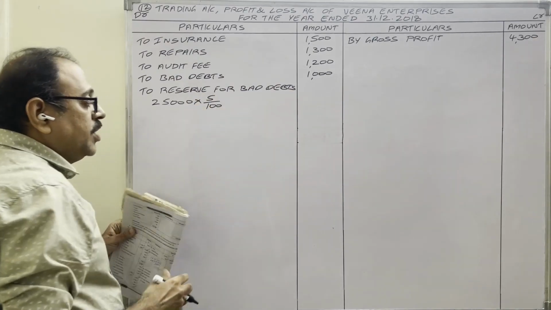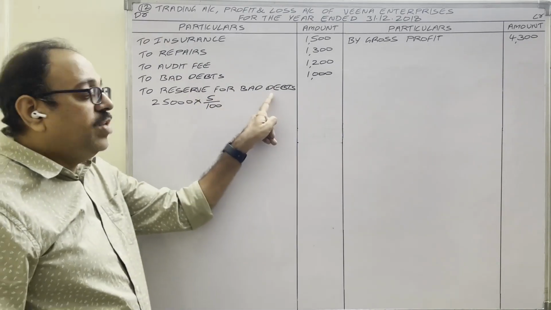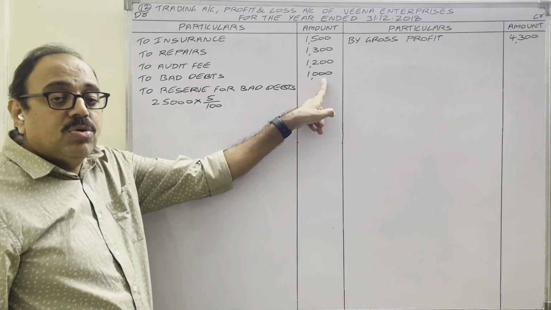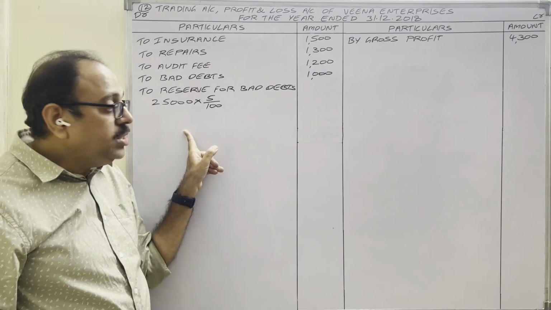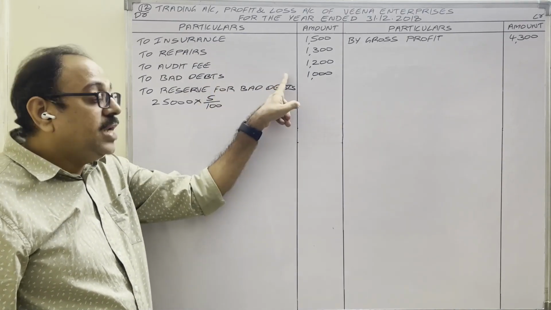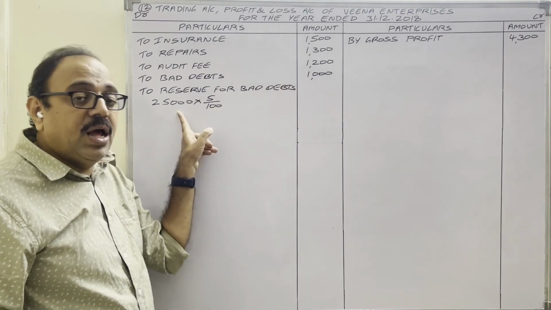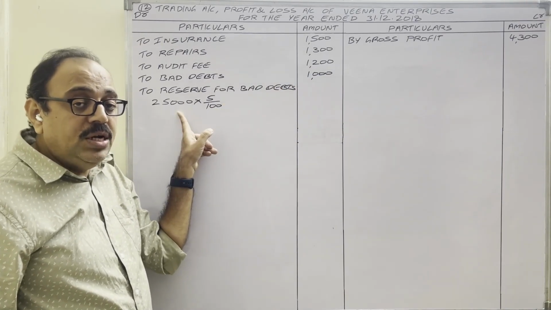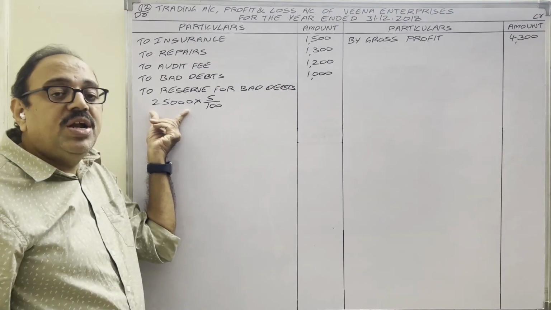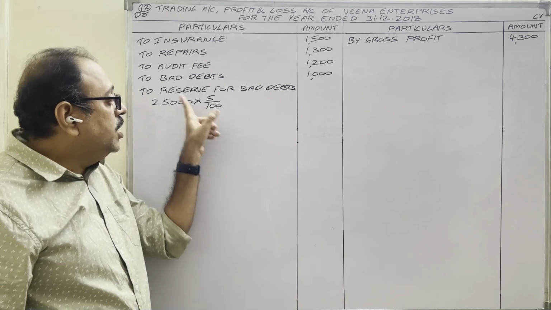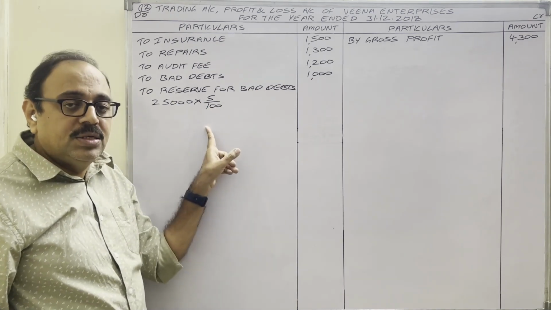Observe one point. While calculating reserve for bad debt, I am not deducting bad debt amount 1,000 from debtors, because this bad debt is given in the trial balance. Means already 1,000 is deducted from debtors. After deducting that 1,000, remaining debtor value is 25,000. That is why on that 25,000 directly reserve for bad debt we have to calculate.